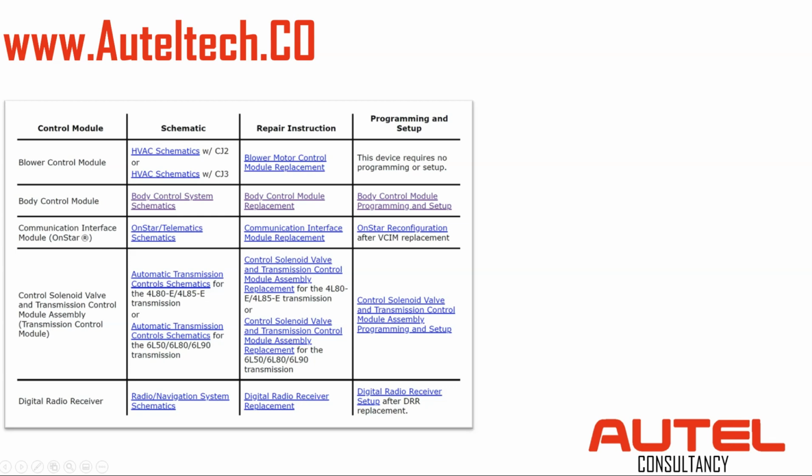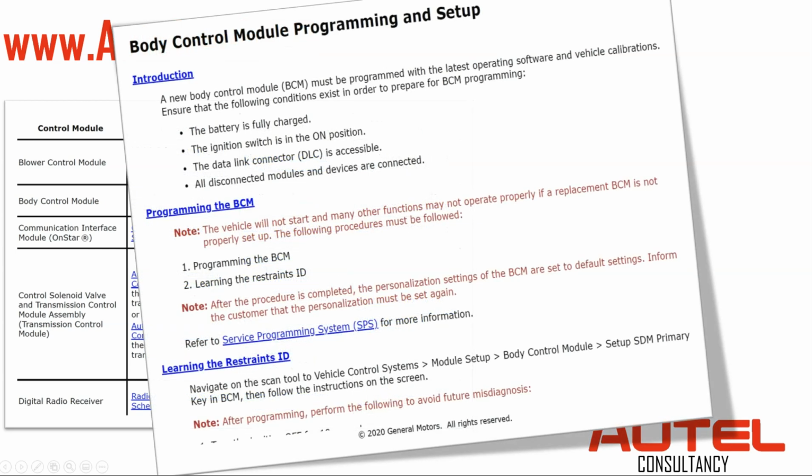And if we look further, okay, when we click the programming setup, you can see here the vehicle will not start and many other functions may not operate properly if a replacement BCM is not properly set up. The following procedures must be followed: programming the BCM and then learning the restraints ID.